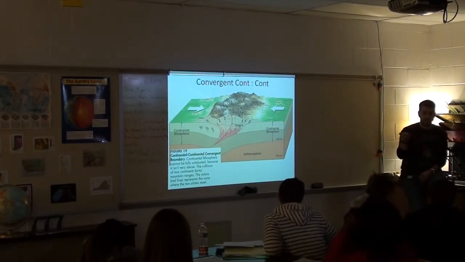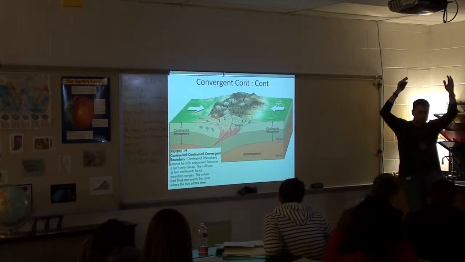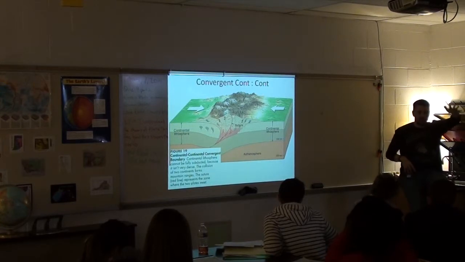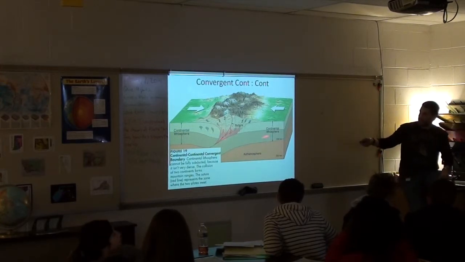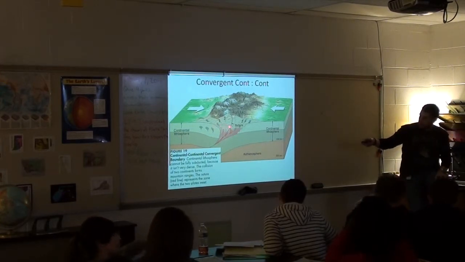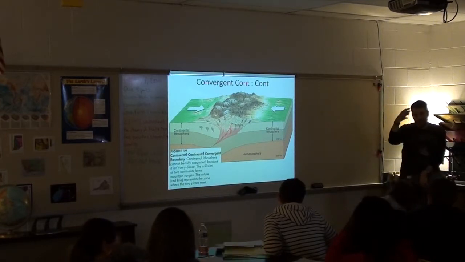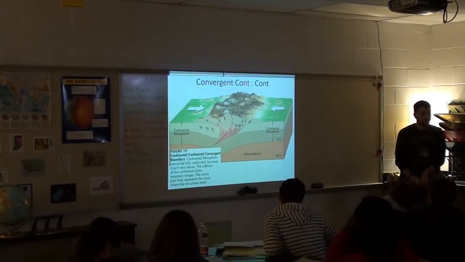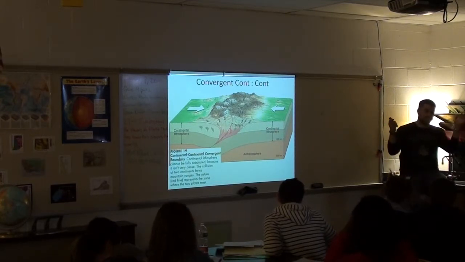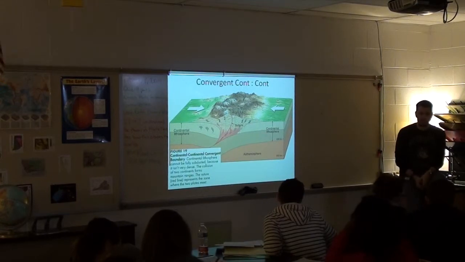Like 250 million years ago, we wouldn't be sitting on this little flat Virginia section. It would be huge. We were at the base of these mountains. The Blue Ridge is the very bottom of this. The Blue Ridge would be way down here, but all that's been washed off the top. Does that make sense? This one's pretty simple. They crash into each other, nothing gets subducted, you get big folded mountains. There's not much to say about that.